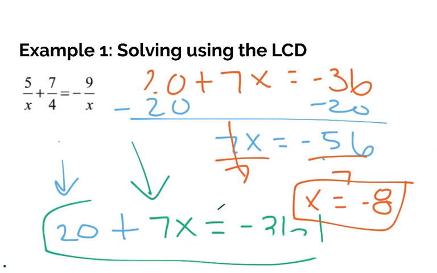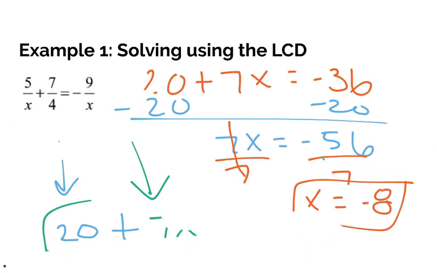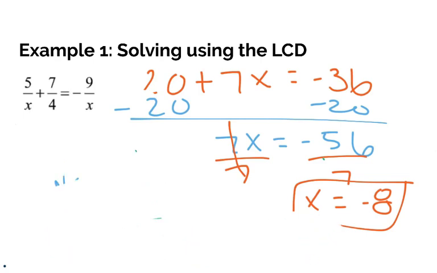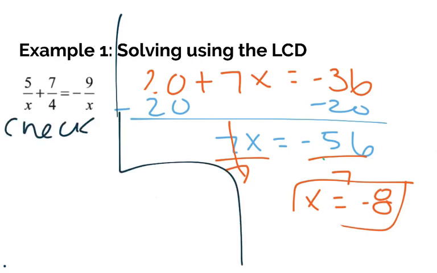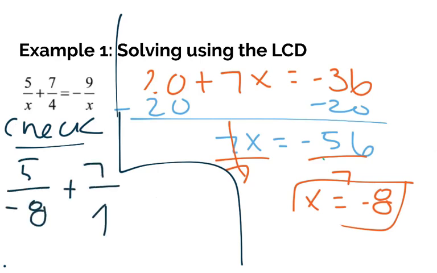Okay, so I think that's my answer, but remember we always need to check for extraneous solutions, because sometimes maybe there is no answer. So over here, let's make some room to check our answers. If x equals negative 8, then it would be 5 over negative 8 plus 7 over 4 equals negative 9 over negative 8.